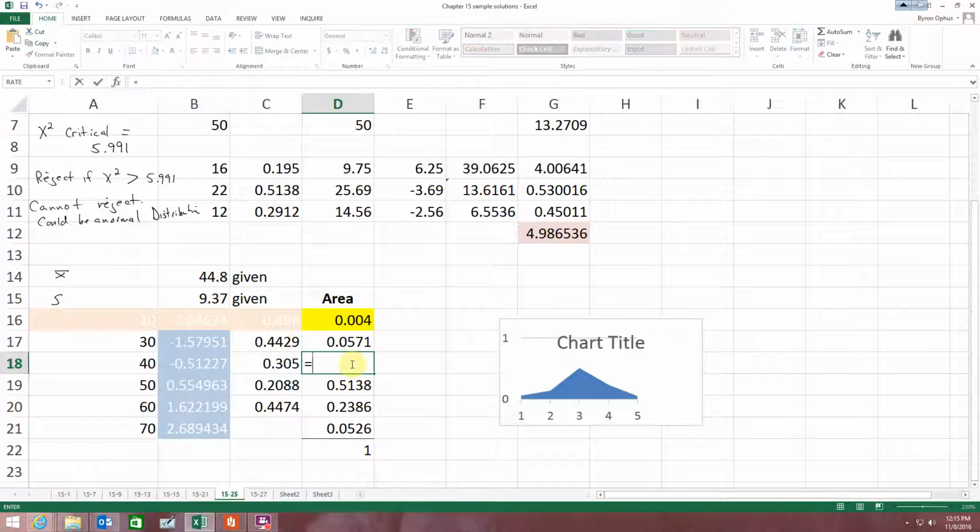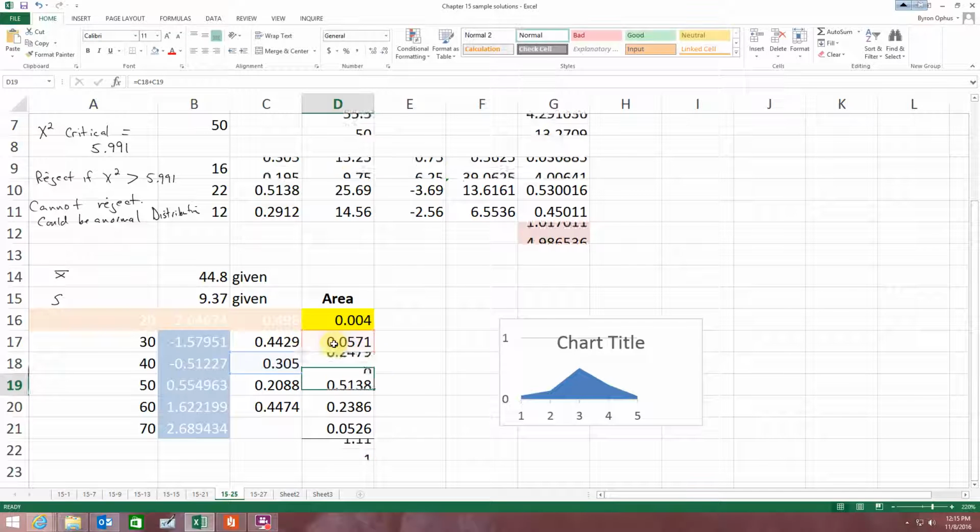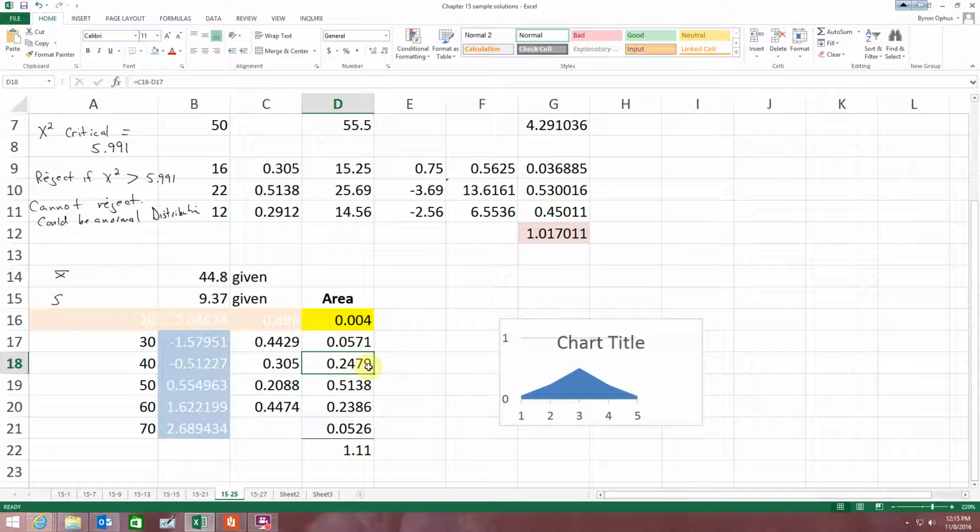Now I'm going to say that this is equal to this minus this. And why do I do that? Well, what I'm trying to find is the area between this 30 and 40.